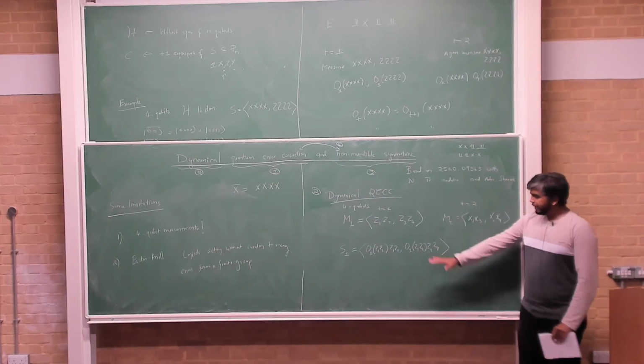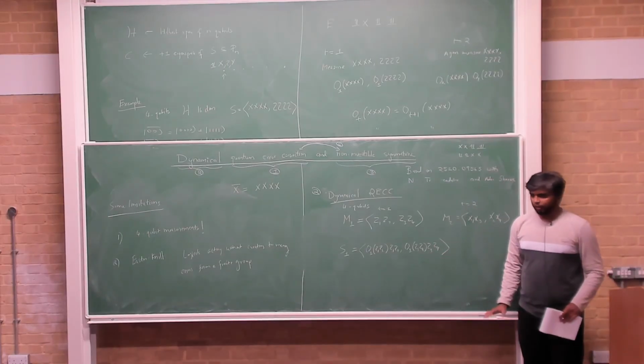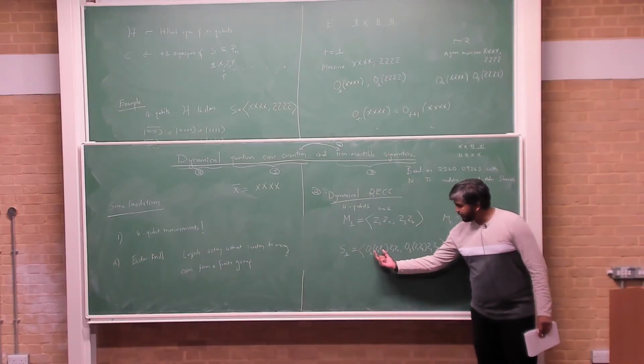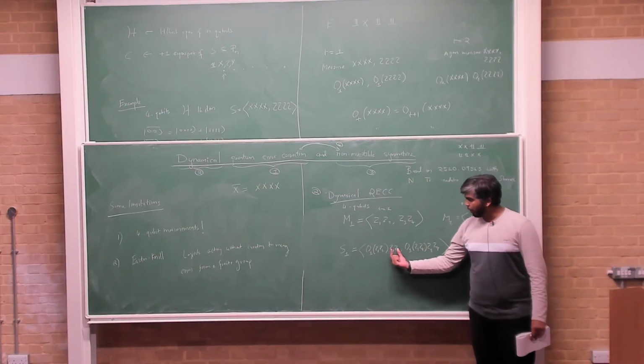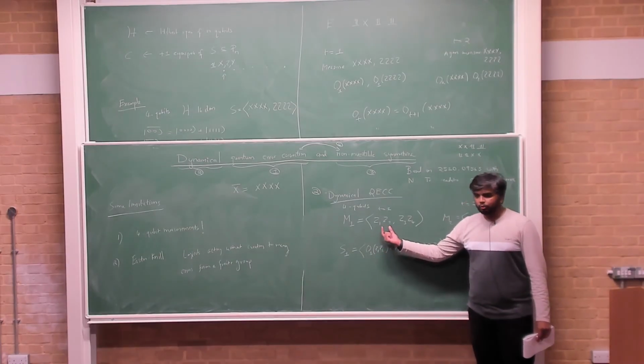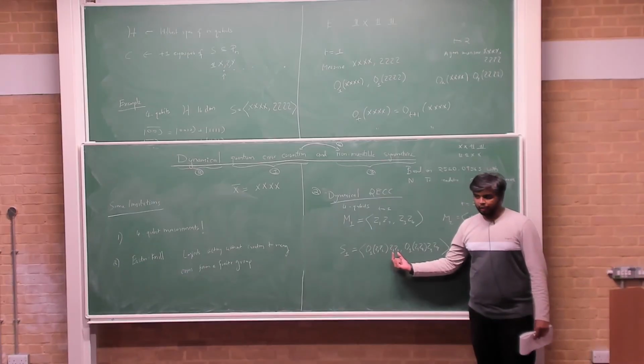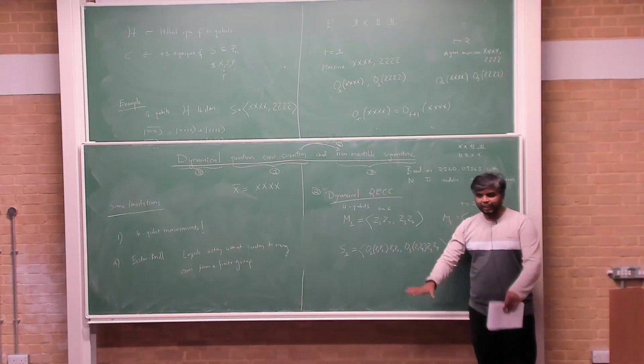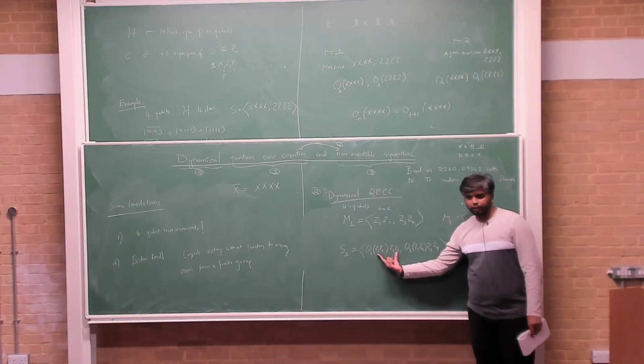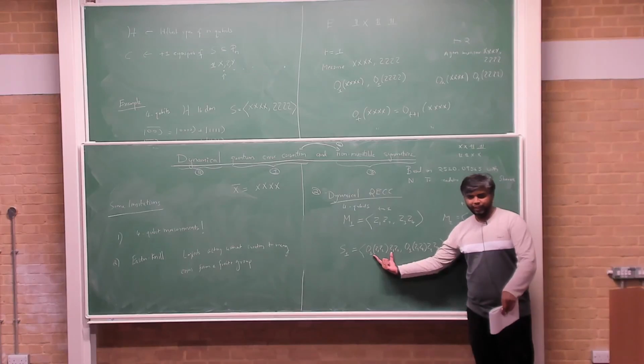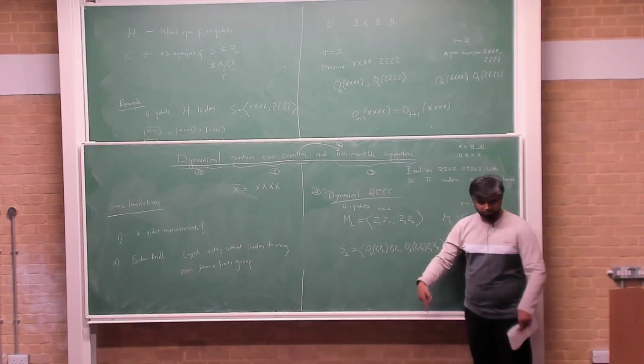Is it obvious that this group stabilizes the outcome that you get? Here O(1, Z1Z2) is the measurement outcome of Z1Z2. All I'm saying is that you measure Z1Z2, if you get a plus 1 outcome, this is plus 1 times Z1Z2, and the state is a plus 1 eigenstate of this operator. If you get a minus 1, the state is still a plus 1 eigenstate of minus Z1Z2.